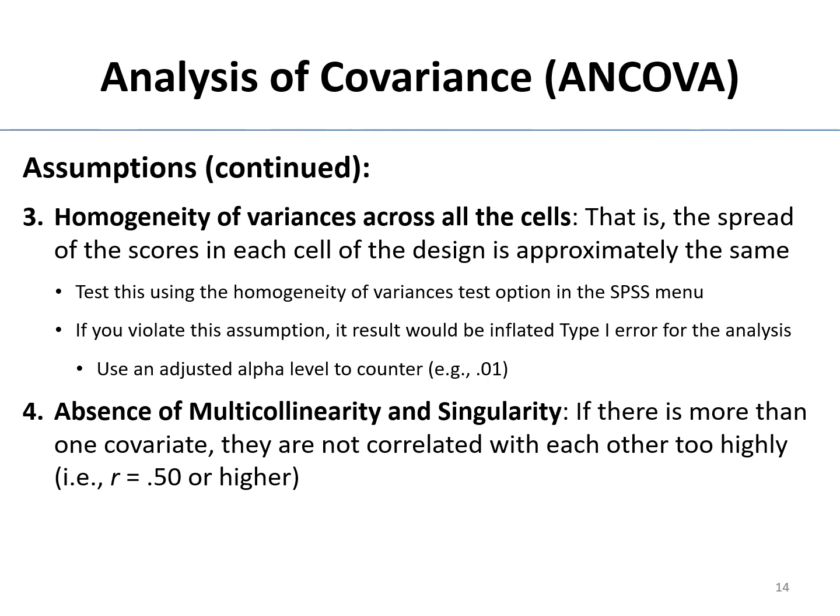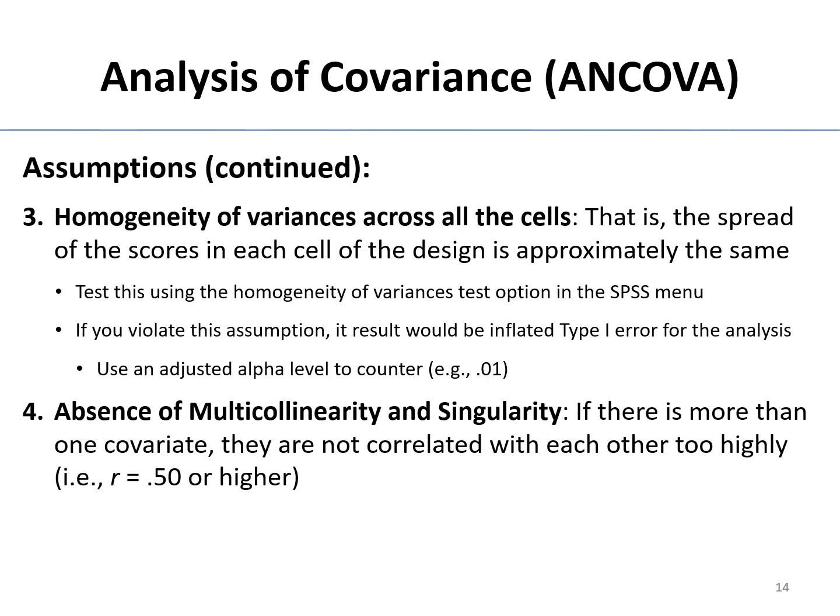Next assumption is absence of multicollinearity and singularity, which I don't think you've heard of. I don't think we've covered it yet, but basically this says that if you have more than one covariate in the model, they're not too strongly related, so they're not completely or mostly overlapping.